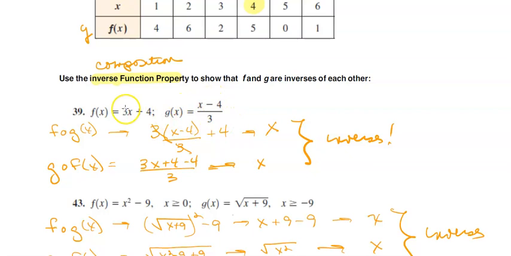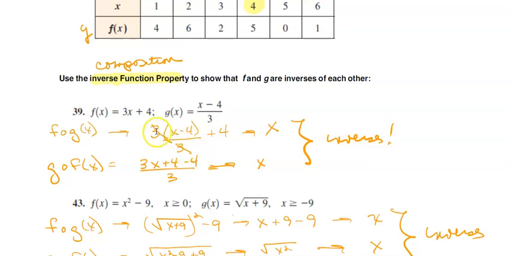Okay, so what I do, if I'm trying to find f of g of x, first write down f of x. It would have been 3 times x plus 4.